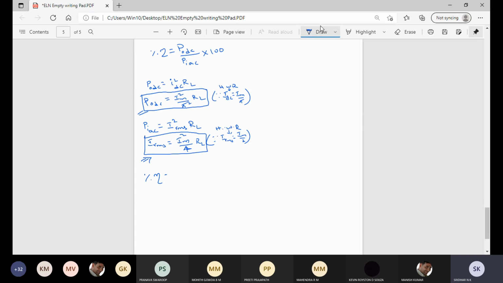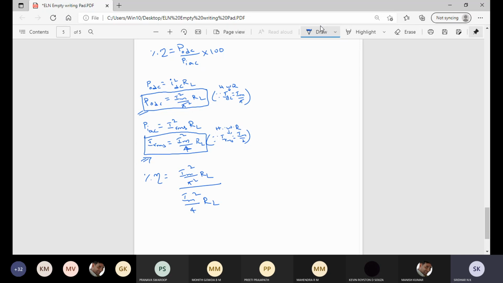Percentage of efficiency is equal to, what is PODC? It is Im square by pi square into RL, divided by PIAC, which is Im square by, not pi square, it is 4 into RL.